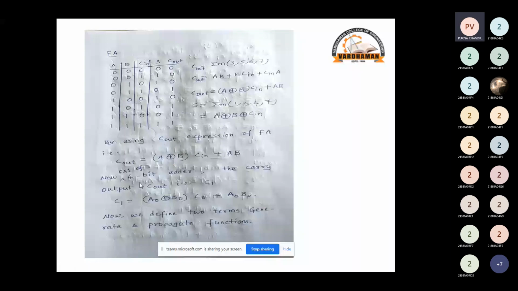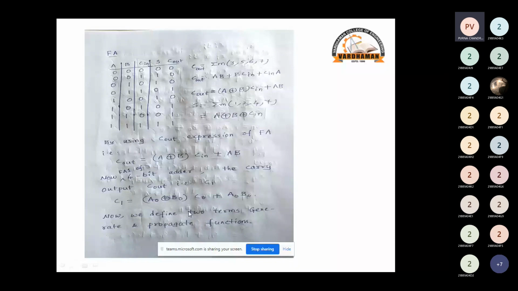C1 is equal to A0 XOR B0 into C0 plus A0 B0. So this is the carry expression of the first full adder: the inputs are A0, B0 and C0, and the carry output is C1 equals A0 XOR B0 into C0 plus A0 B0.